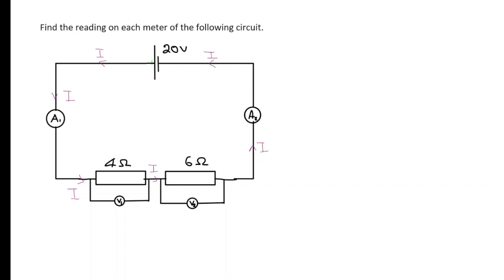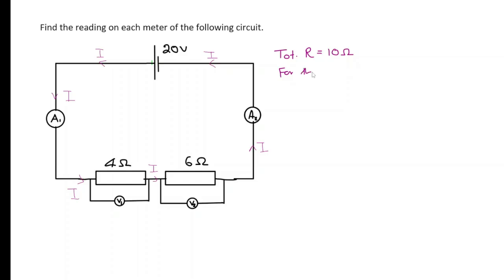Now, in a circuit like this, you need to think about the total resistance of the circuit. So what is the total resistance of the circuit? You can see there's 4 ohms here, 5 ohms here. Series circuits, you just add them up.